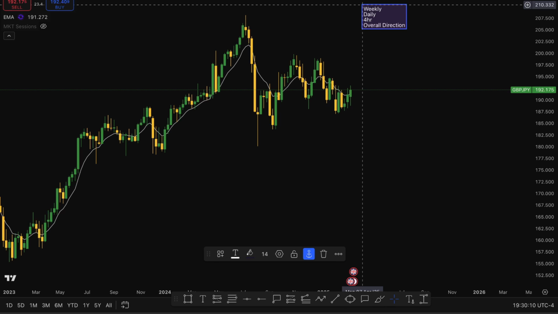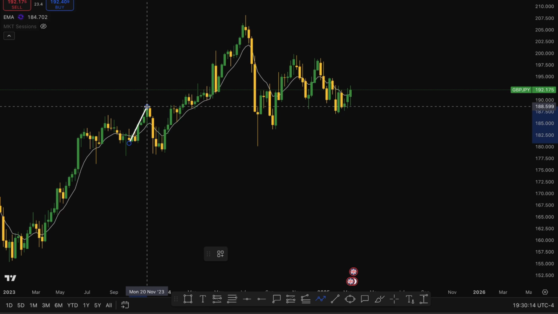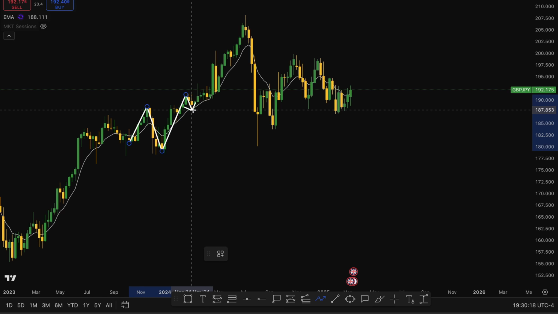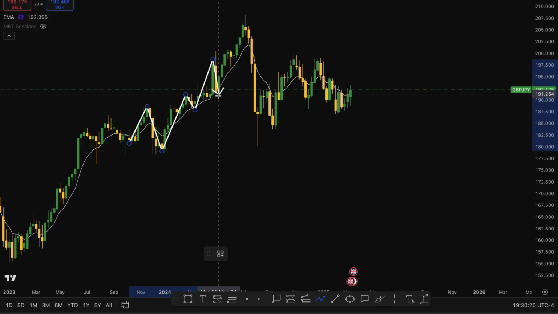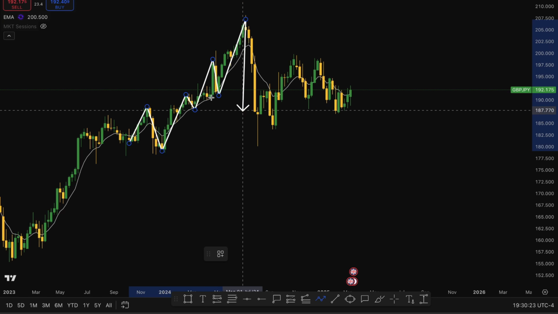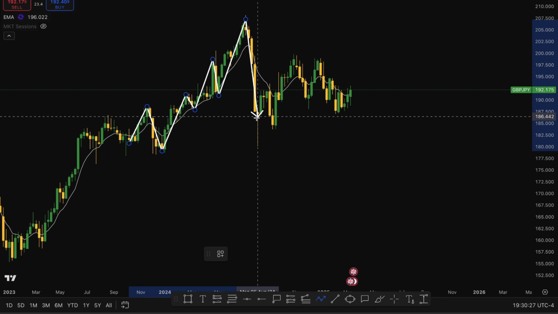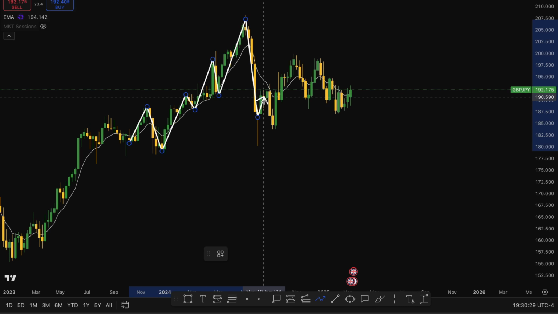Okay, so in terms of overall direction, we're on the weekly time frame. Price has been creating a higher high, higher low, higher high, higher low, higher high. Structure broke somewhere around here, creating a change of structure for us.